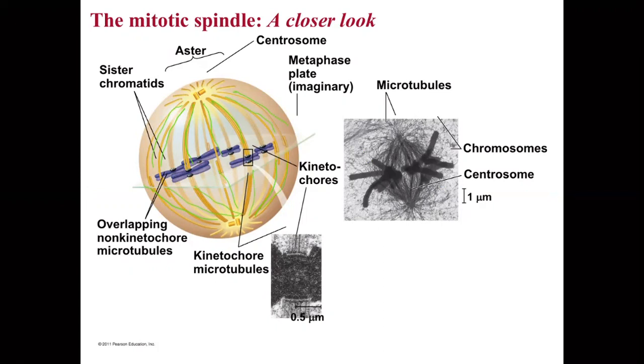These would be the electron micrographs showing the spindle fibers. These thin thread-like structures here are the spindle fibers, and the thicker lines seen in this micrograph would be the chromosomes.